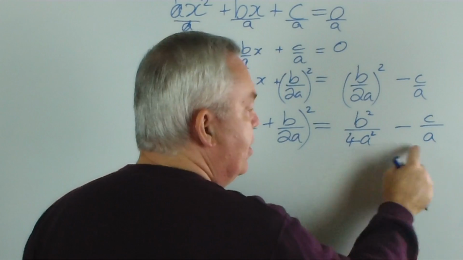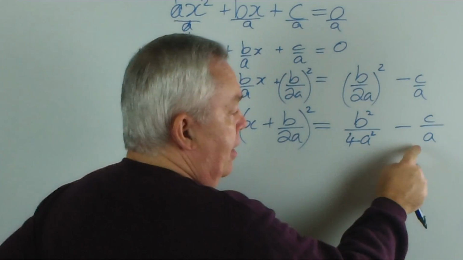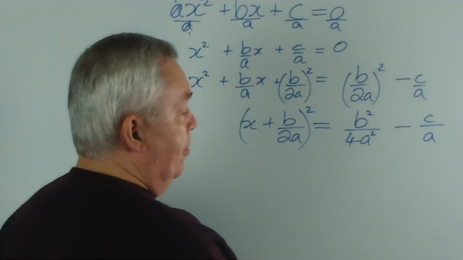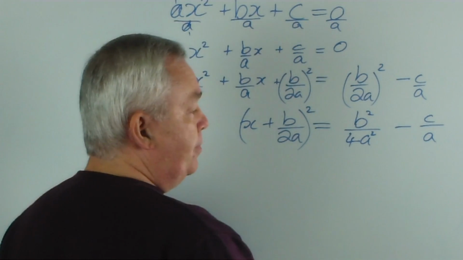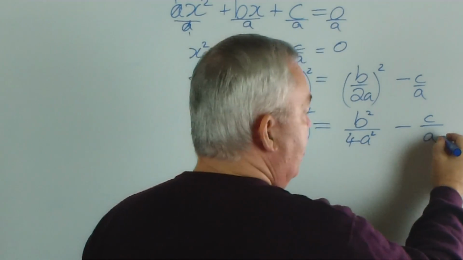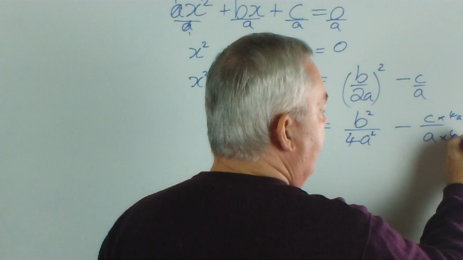And to combine these, we want the denominators the same. a already divides into 4a squared. It divides 4a times, that is a times 4a makes 4a squared. So that's exactly what we do. We multiply the top and the bottom of the fraction by 4a.